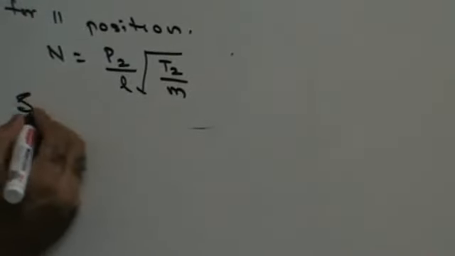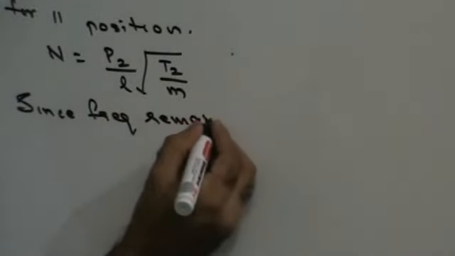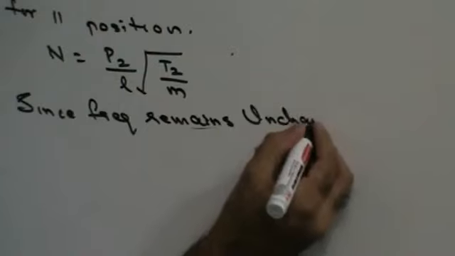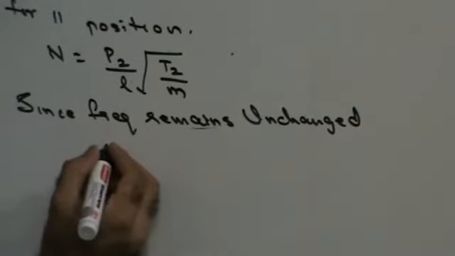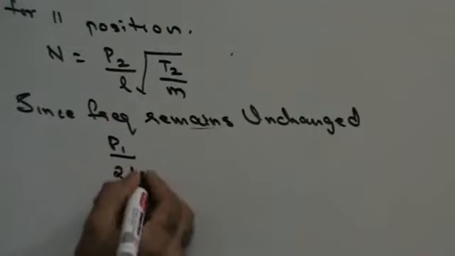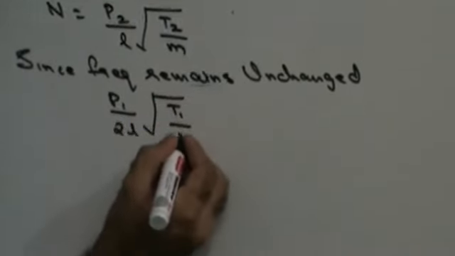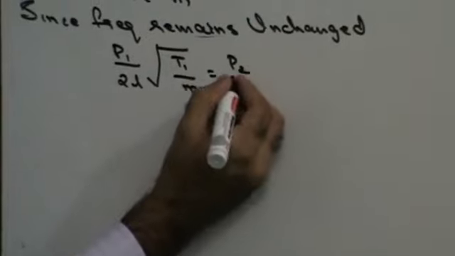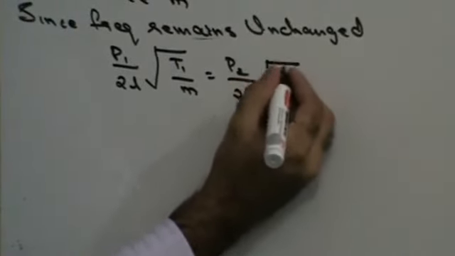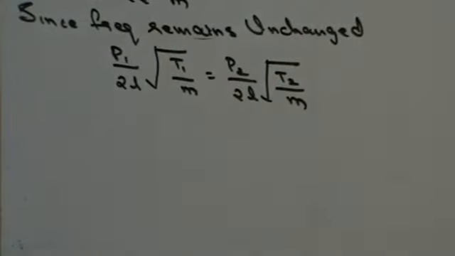Now they've said that in Melde's arrangement the frequency remains the same, that's the reason why you put that extra weight in the pan. So since frequency remains unchanged, therefore I can say that P1 upon 2L square root of T1 upon m is equal to P2 upon L square root of T2 upon m, right?